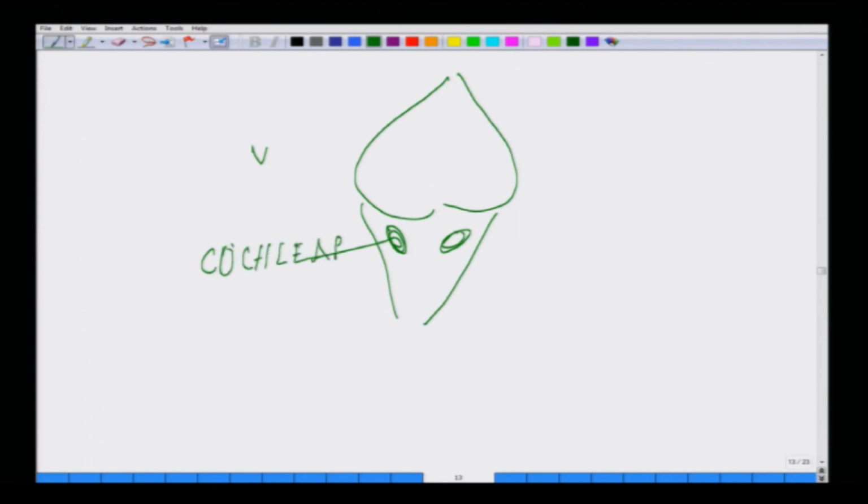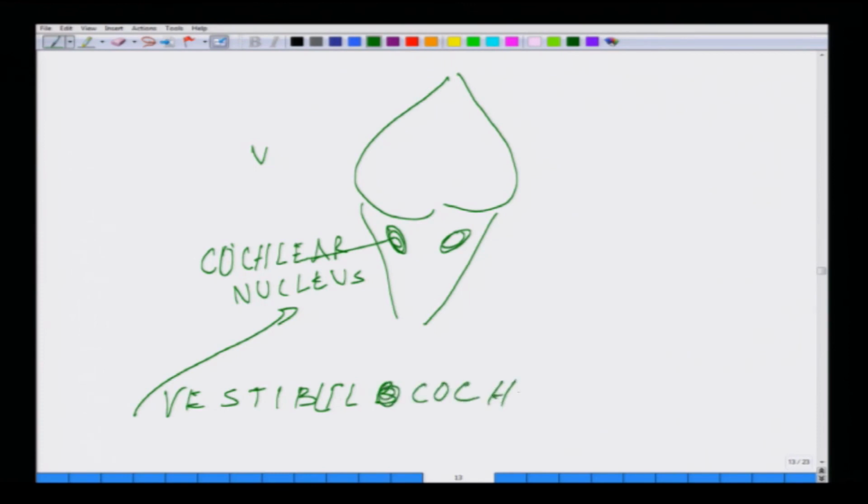The signal is sent from the cochlea to the cochlear nucleus by a series of nerves called vestibulocochlear nerves.